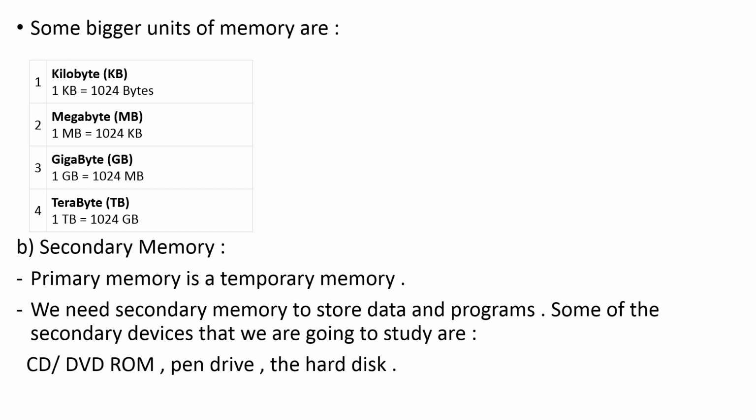Some of the secondary devices that we are going to study are CD or DVD drive, then pen drive, which I think you all know, then hard disk, and a few more examples.